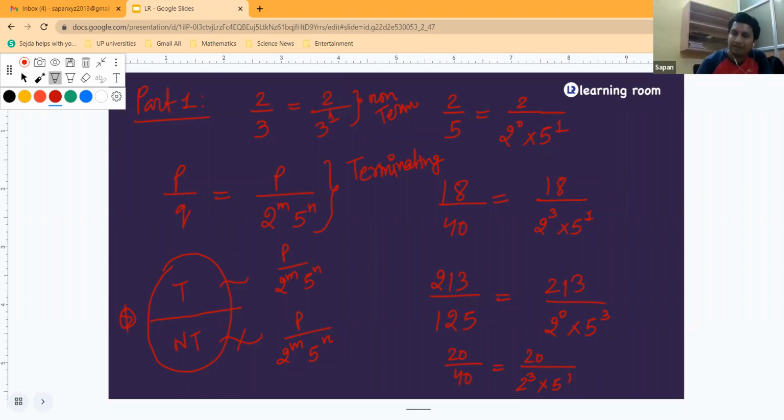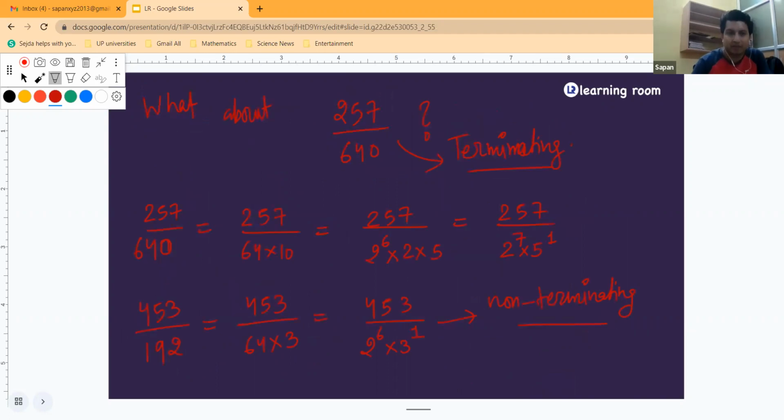I can have the power of 5 as 0 and non-zero powers for 2. So the simplest example is an even number or 5. Even and 5 do not necessarily imply that it is terminating, because I have the number 192 here. The number is even, but it is non-terminating.